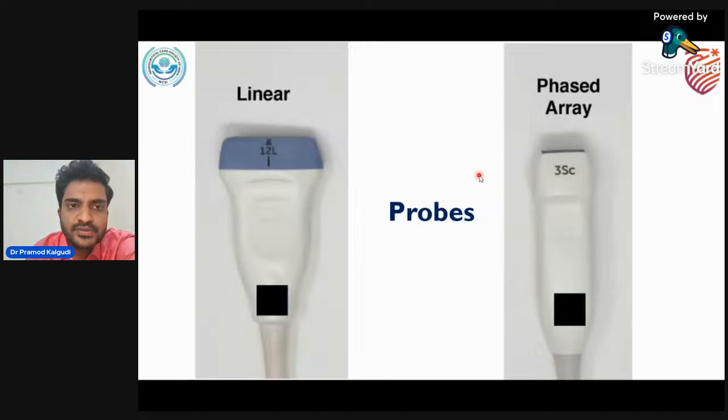Speaking of probes, the most commonly used probe for TCCD is the phased array probe, and for the vascular anatomy of the neck, we use a linear probe. As we are aware, the linear probe is a high frequency probe, and the phased array probe is a low frequency probe. But it's in between; you also have a curvilinear probe, which is lower frequency than the phased array probe.